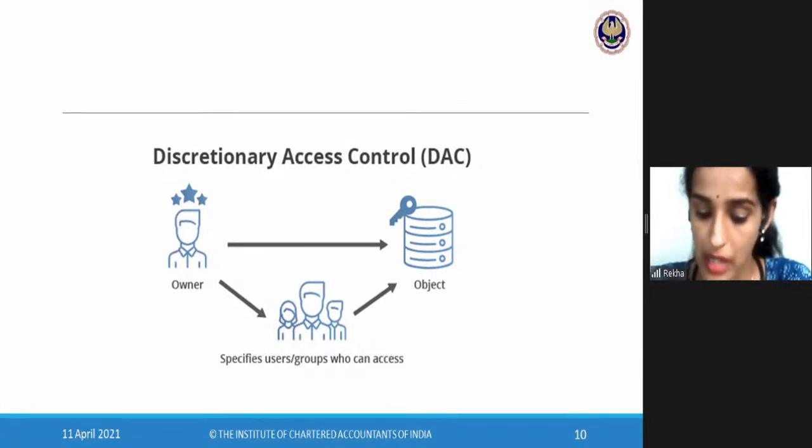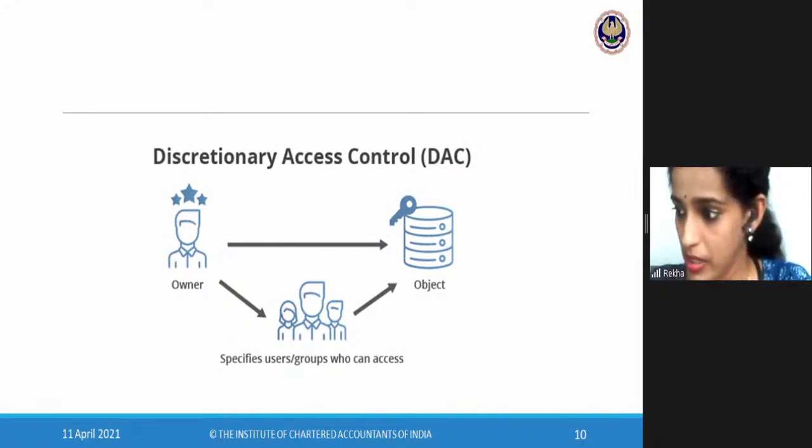Page number, one second. Let me just check it out. I'm not sure of the page number. Just wait. I think it starts with a topic called role-based access in your ERP.